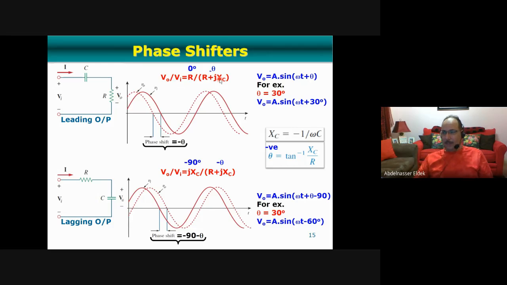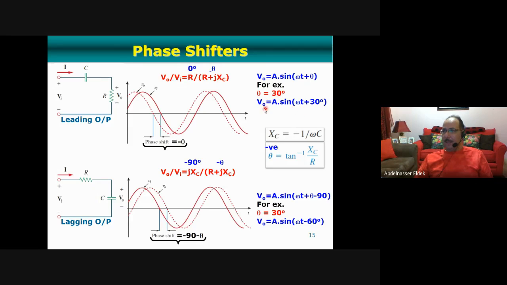When you move this to the numerator, it will be positive. So theta here will be 30 degrees, for example.